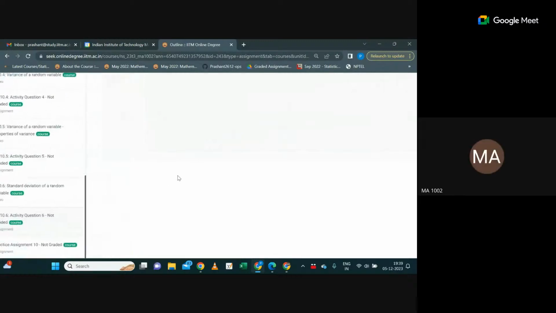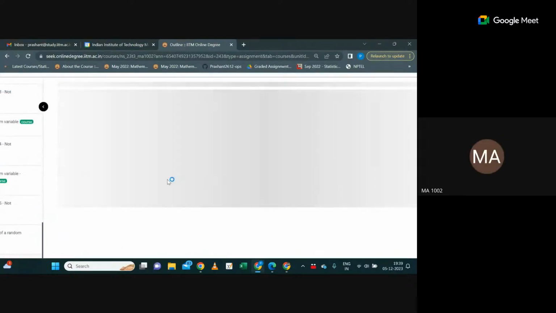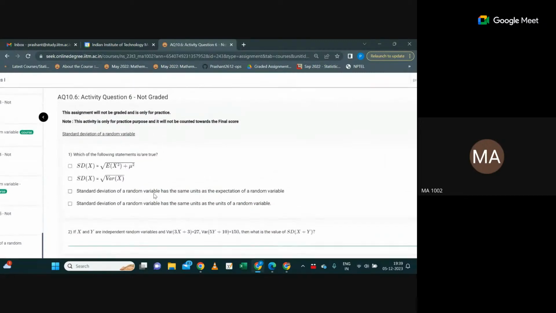Let's move to this activity, sorry, not 6, 10.6. Okay, what about question number 1? Which option should be true? Option B. Option D. Option C, I think, is correct.